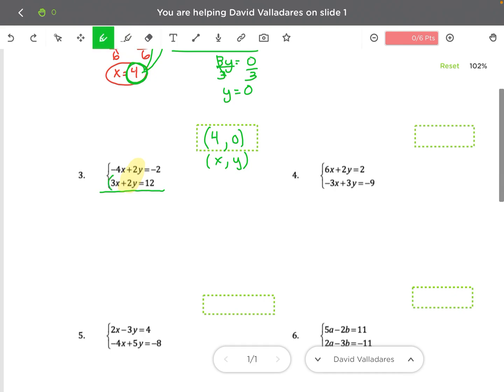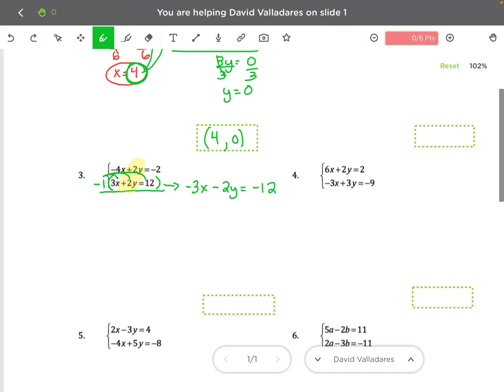I'm going to take this bottom equation and multiply the whole thing by -1. And that -1 is going to distribute to each of these, and I'm going to get a new equation. So I'm going to write this new equation over here. My new equation is going to be -3x, -1 times 2 is -2y, and -1 times 12 is -12.